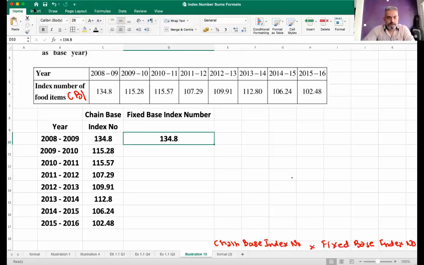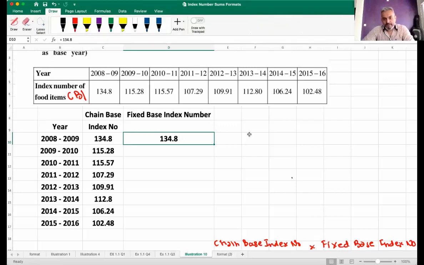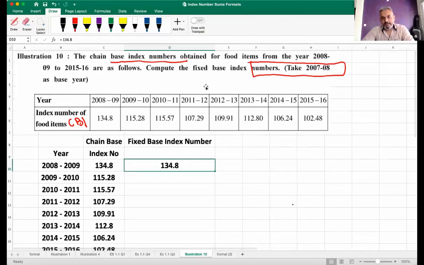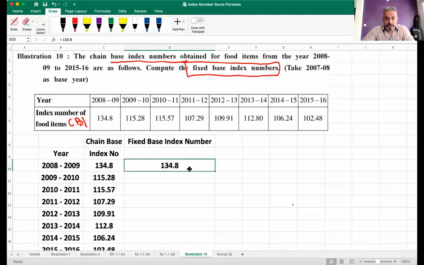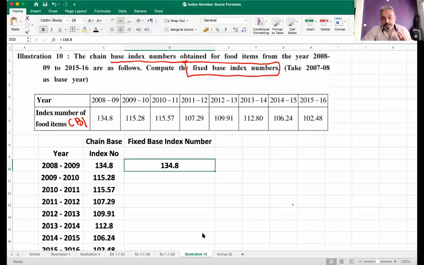Please don't make a mistake over here. If by mistake you take the base year and put 100 for the first year, your complete sum will go wrong. So please be careful. Now over here, for the first year, both of them will remain the same. So I'll just highlight it for you.